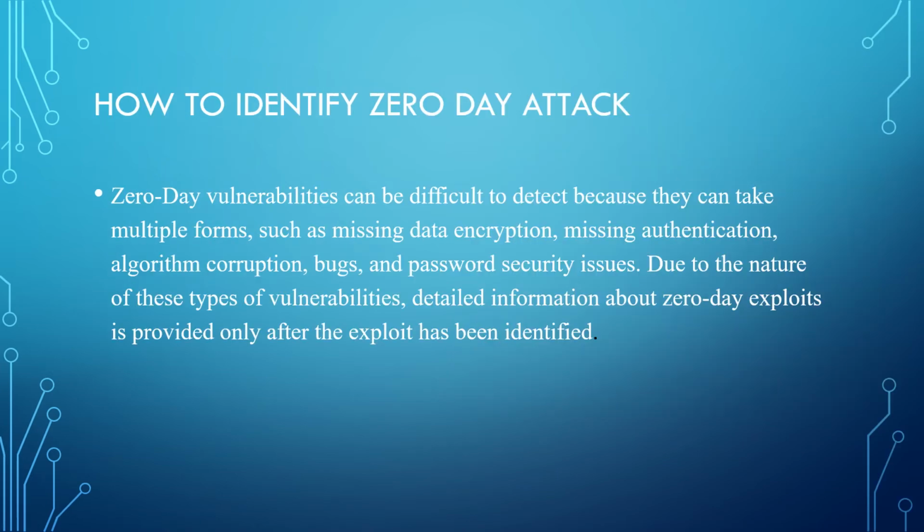Zero-day vulnerabilities can be difficult to detect because they can take multiple forms, such as missing data encryption, missing authentication, algorithm corruption, bugs, and password security issues. Due to the nature of these types of vulnerabilities, detailed information about zero-day exploits is provided only after the exploit has been identified.